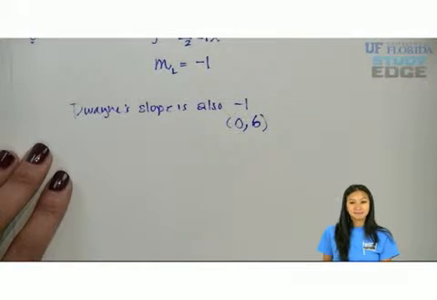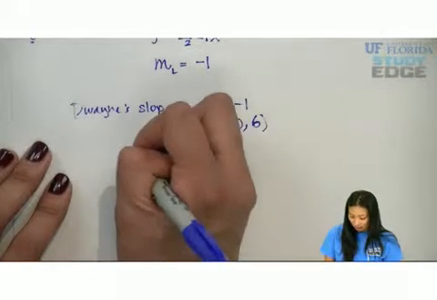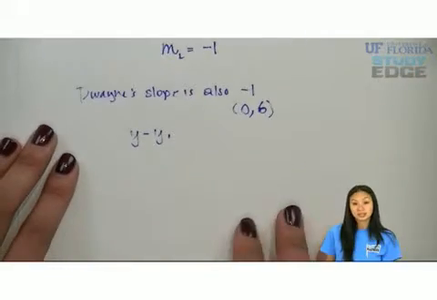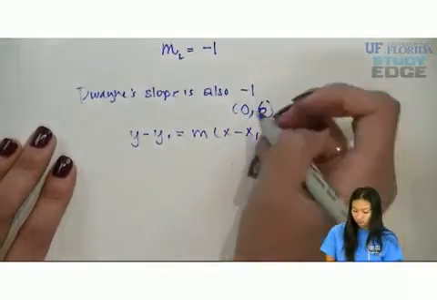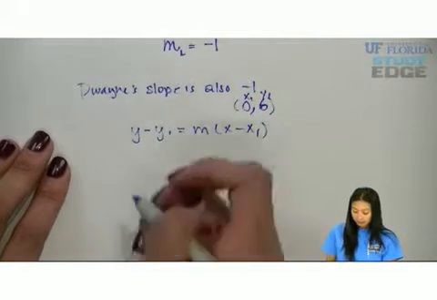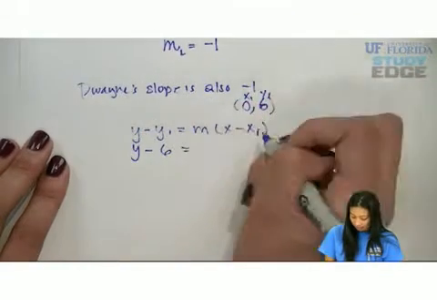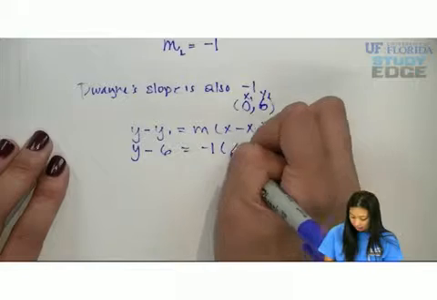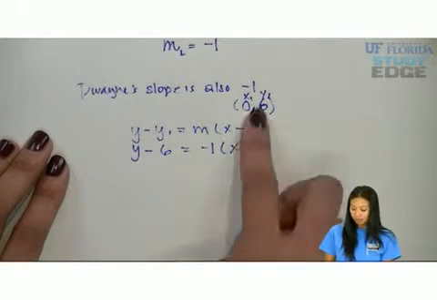All right, let's check this out. I have y minus y1 equals m times x minus x1. This is x1, this is y1. Remember labeling my points. y minus y1 is y minus 6. m is negative 1 times x minus 0, because x1 is 0.